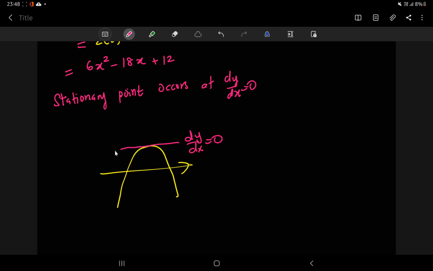This is the x-axis and this is the y-axis, so the y value is basically unchanged along this pink line. So dy dx is 0, the gradient is 0. Over here the gradient is unchanged, or 0.